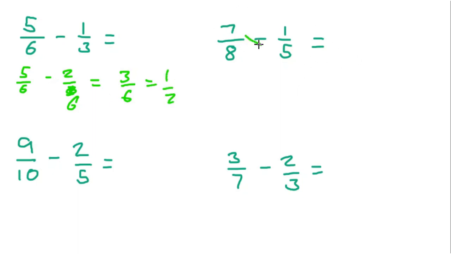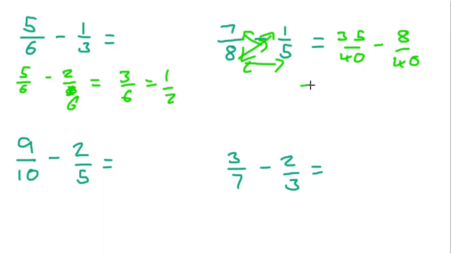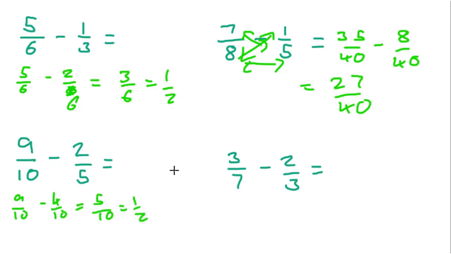Here we're going to cross multiply, okay, and then obviously multiply on the bottom, so we're going to get 35 over 40 here, and then we're going to get minus 8 over 40 on this side, and that is going to leave us with 27 over 40. This one we're just going to double top and bottom here to get 9 over 10 minus 4 over 10, that's equal to 5 over 10, which is again 1/2.